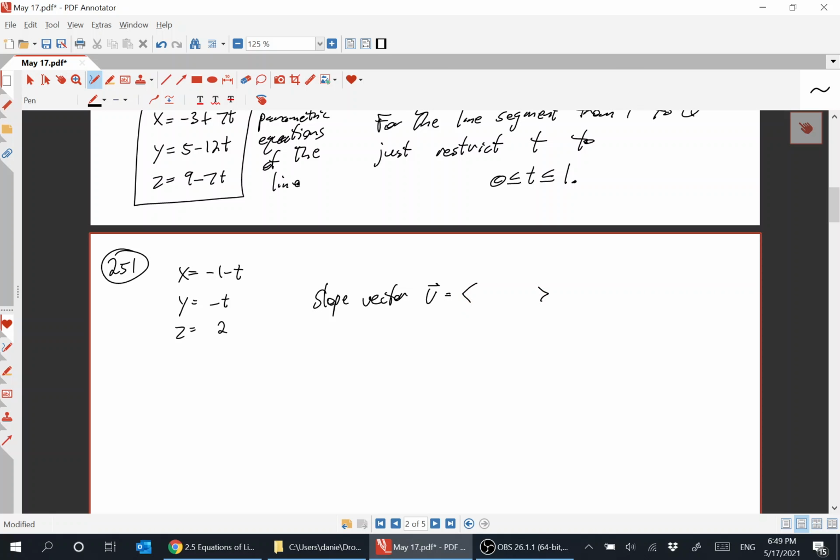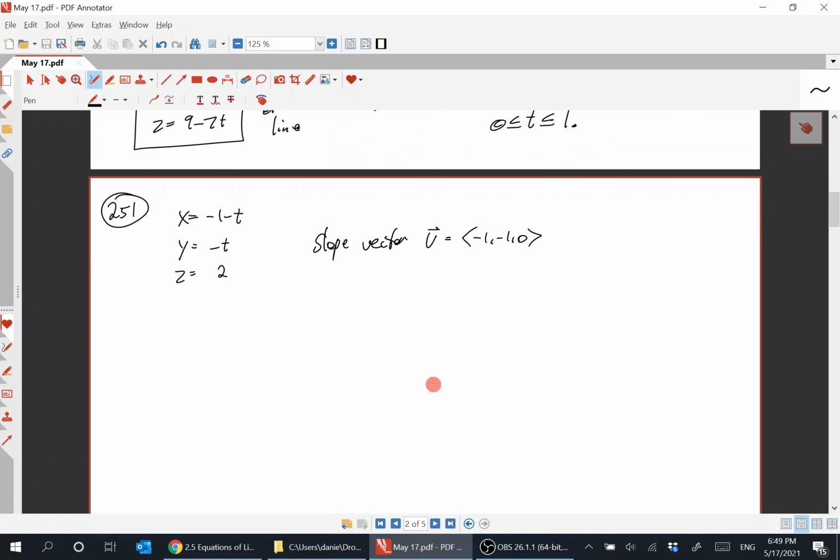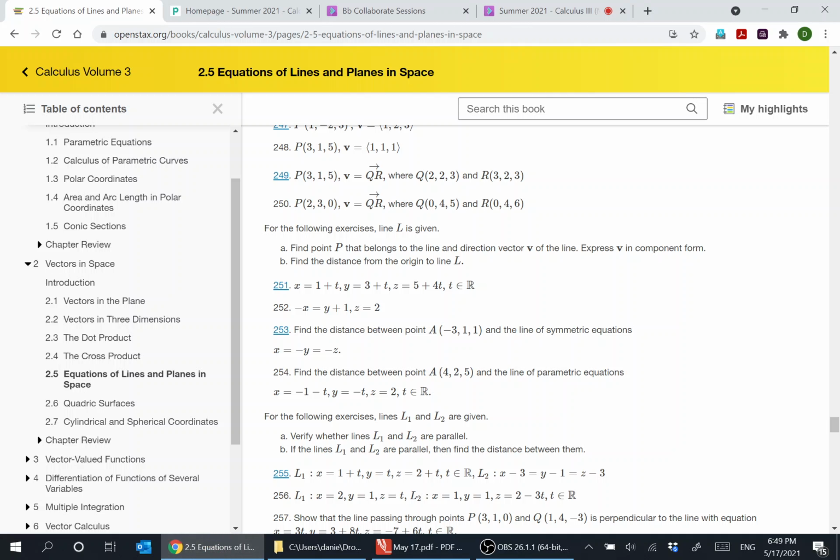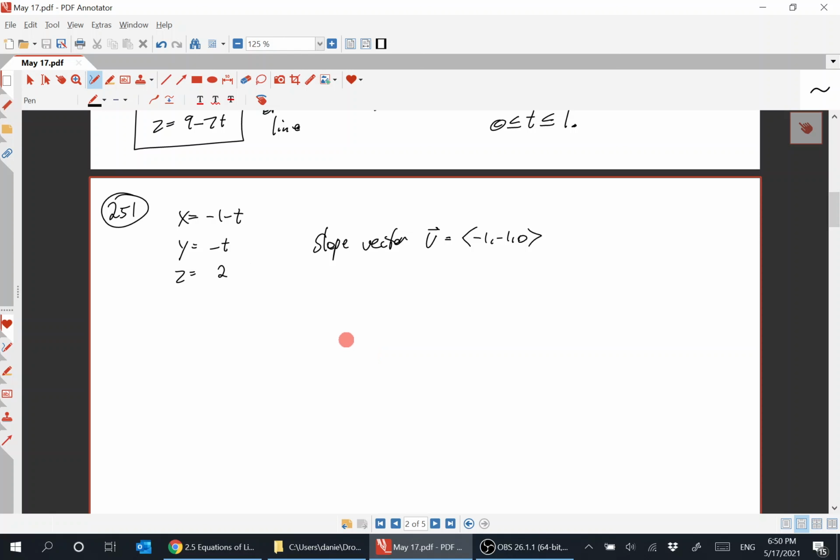Well, it's the coefficients of t. So here it's minus 1, 0. There's no t's there. And then they're asking: find the distance of the line L to the origin. So this line is L, and find its distance from the origin.